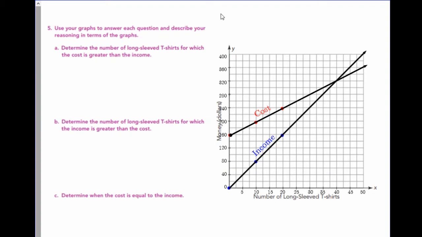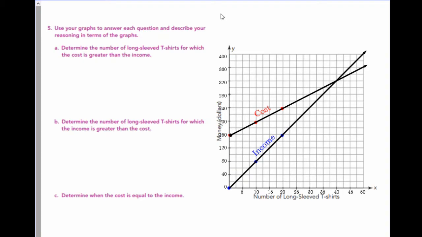So cost is greater than the income. The y-axis is our cost or our money, right? So at what point or points on this graph is the cost line higher than the income?